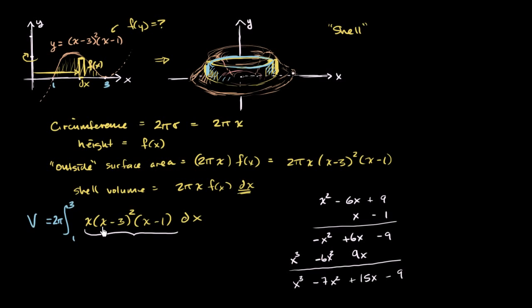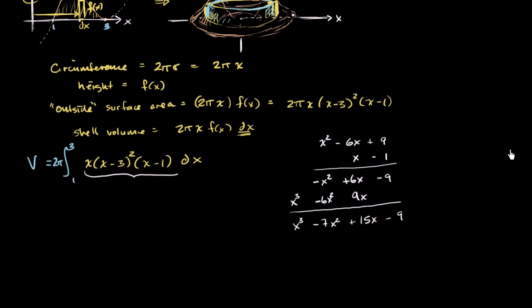And then we just multiplied x minus 3 squared times x minus 1, and then we have to multiply that times x. So we can essentially raise the degree of each of these terms. So our original integral has simplified to, or at least it's easier now to take the antiderivative. It's equal to 2 pi times the definite integral from 1 to 3 of this stuff times x.